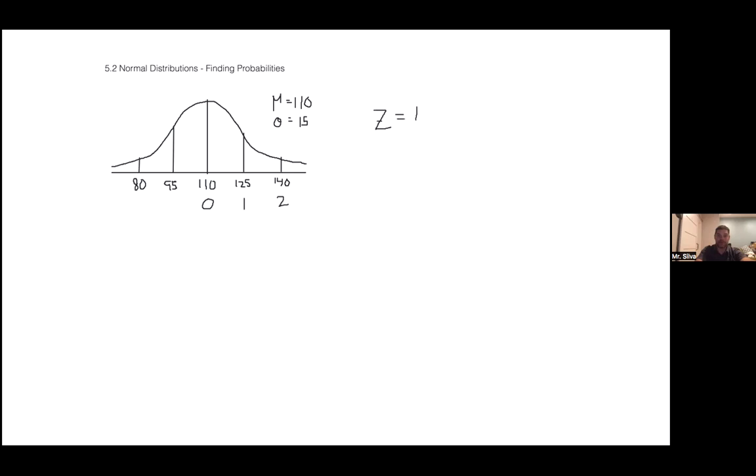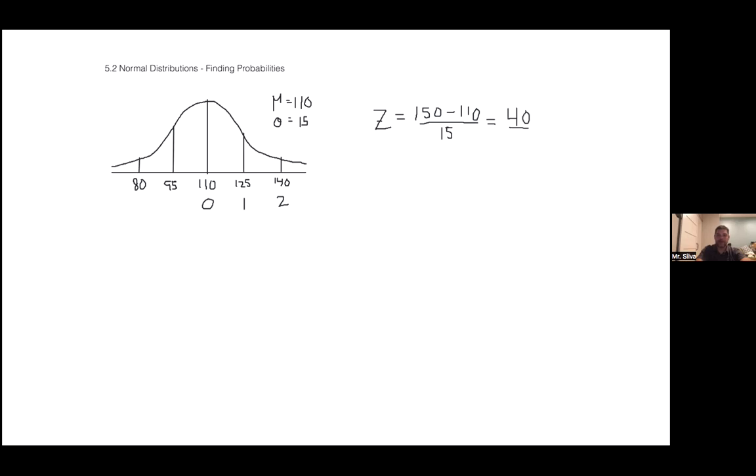150, I'm going to calculate the z-score. That's where the z-score formula comes from. 150 minus the mean divided by 15. So I got 40 divided by 15.